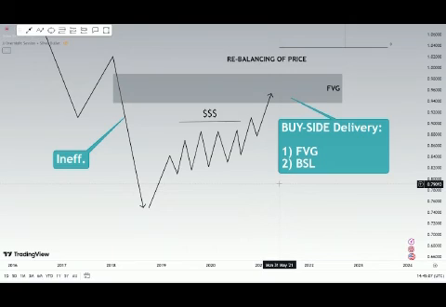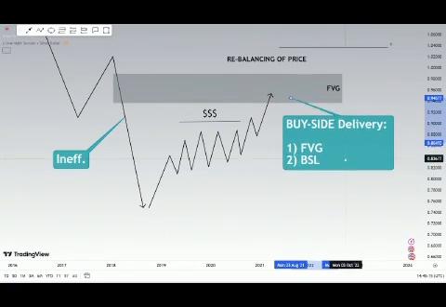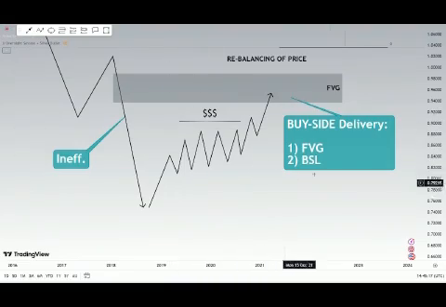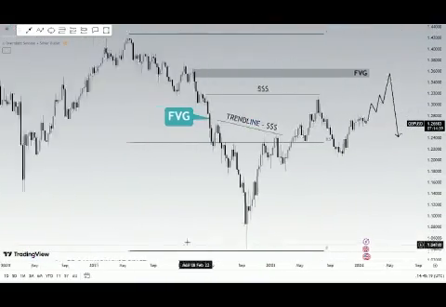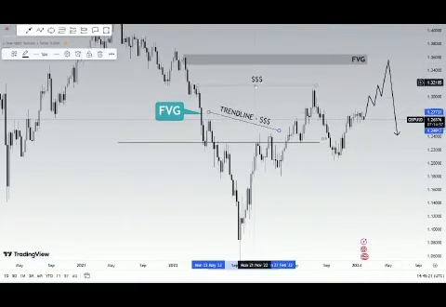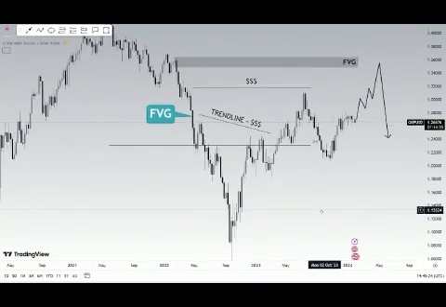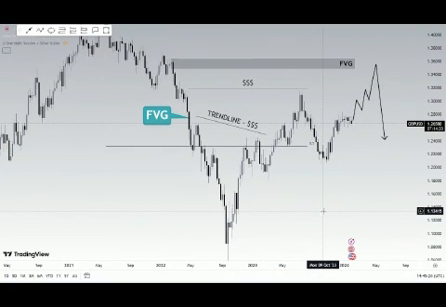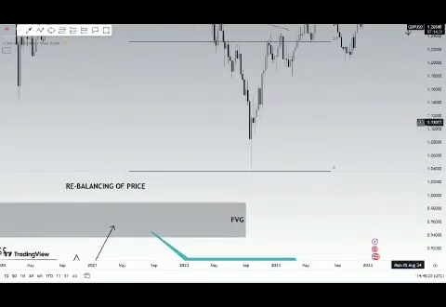When I talk about algorithms, I talk about how price will do two things. It will spool towards inefficiencies to rebalance price, and simultaneous to that, it will sweep buy-side liquidity, in the form of typically equal highs and equal lows, or a real example on the charts, trend lines, equal highs. Those are typically the liquidity pools that you will see more often than not.